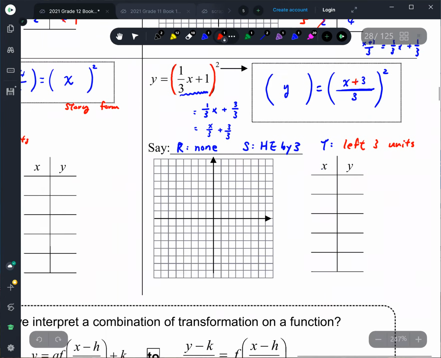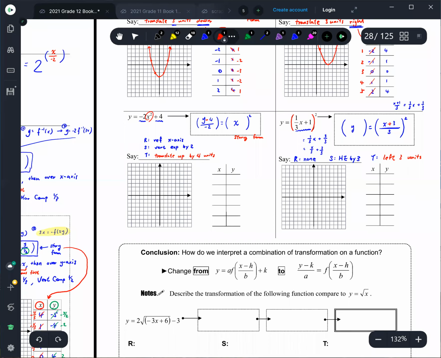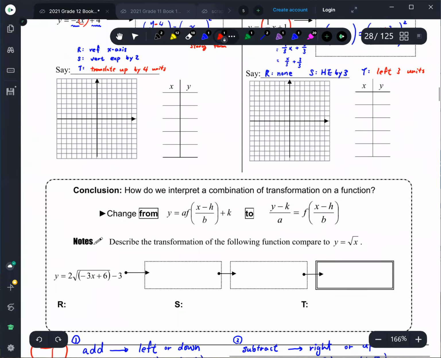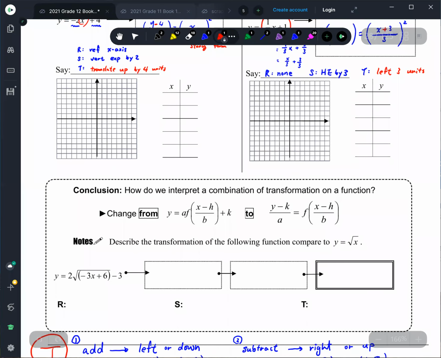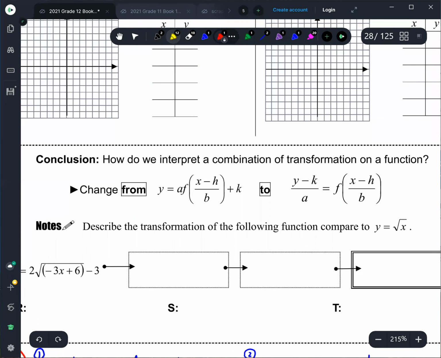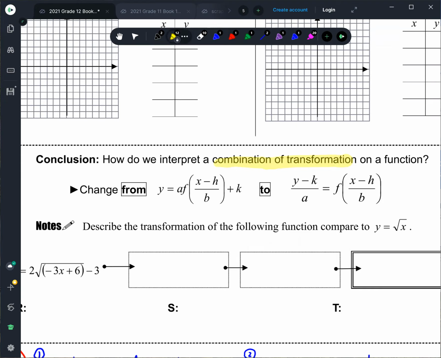Okay, so let's combine everything together. We finish RST. So in general, how do we interpret a combination of transformations, meaning you have R, S, T all together?